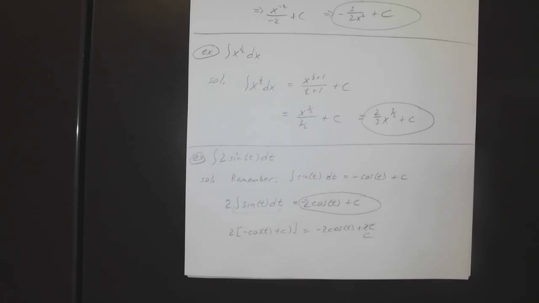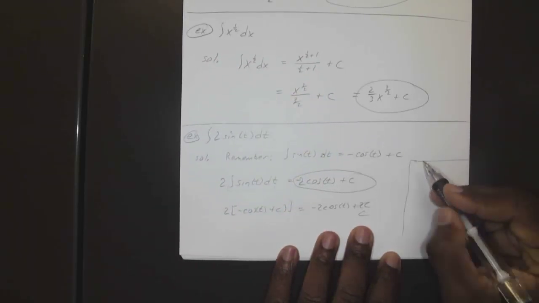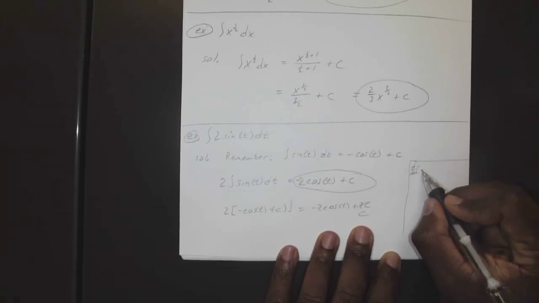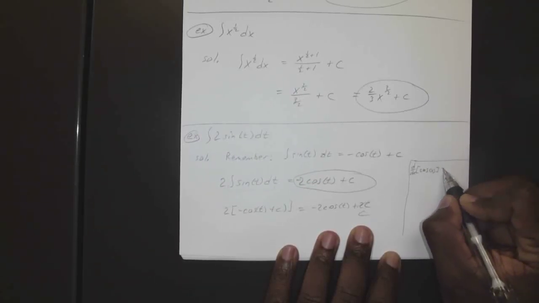So, I thought the derivative of sine is cosine, not negative cosine. Yep, the derivative is. Because if you think this way, the derivative of cosine equals negative sine.